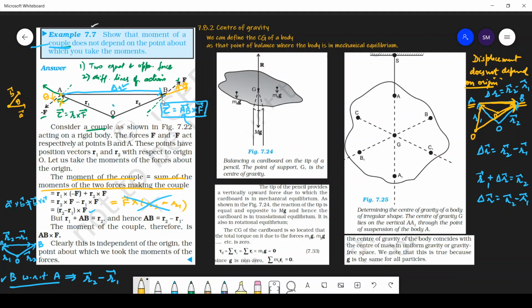Forces are applied at these two points. Lines of action are fixed. So in this formula, you are taking AB, the position of B with respect to A. So it is independent of origin. You can see in the formula also.